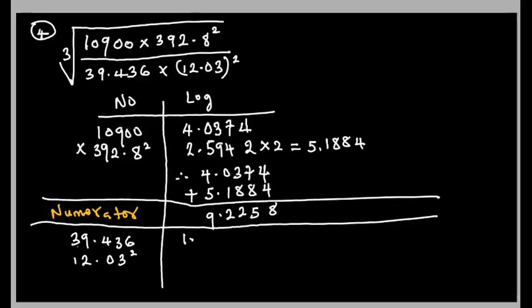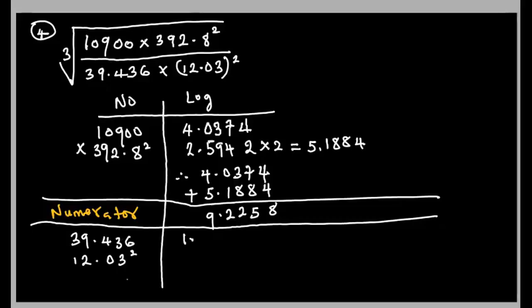Then we find 39 under 4, difference 3. We have a small problem here. What about this 6 here? It is left out. So in that case, as we've had such experience, we approximate. This 6 is up to 5, so if I take 1 and add it to this 3, it becomes 4. So we'll be having 39.44.